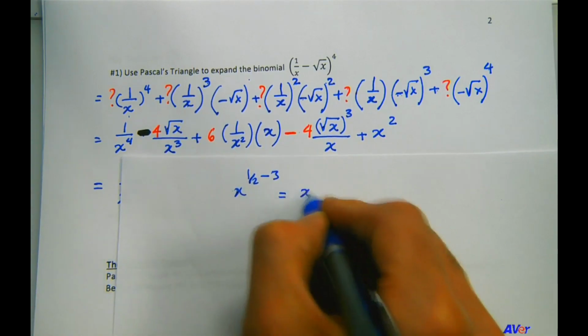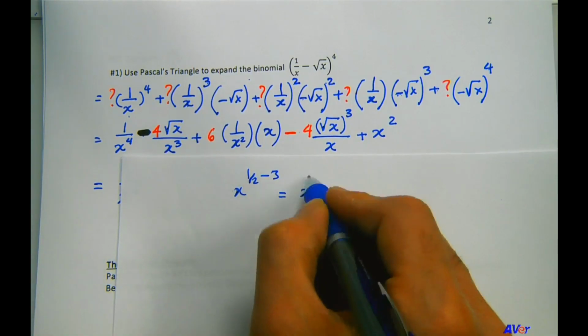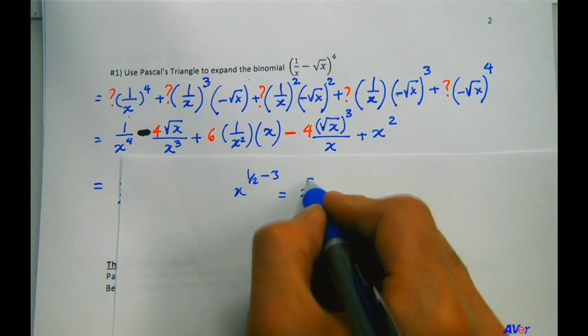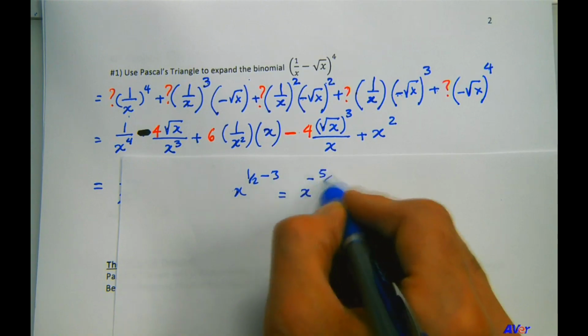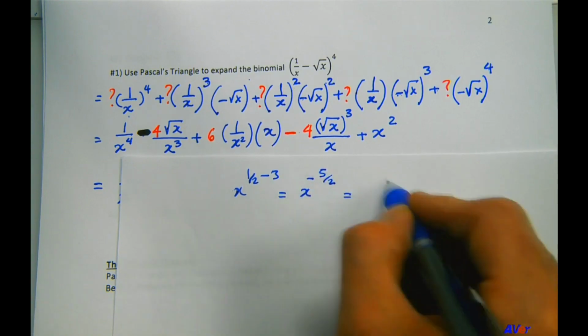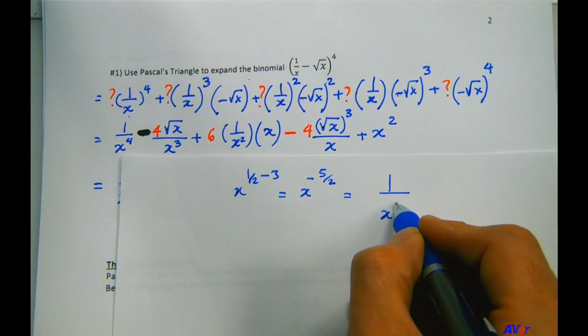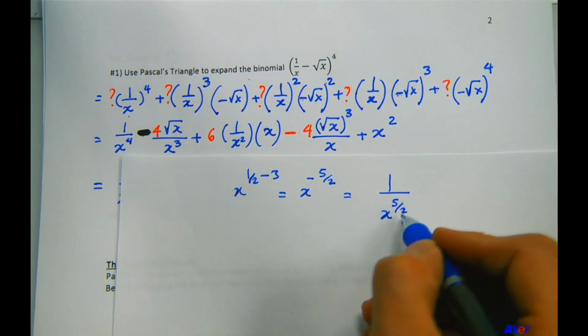So combining these, we're going to get x squared minus, this would be 2.5 or minus 5 over 2, and then 1 over x to the 5 over 2 power.